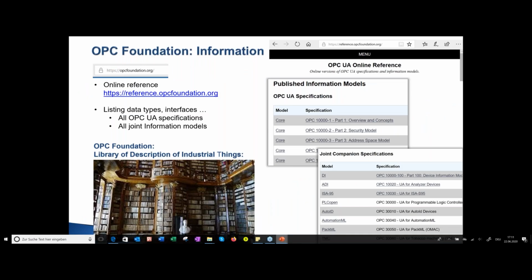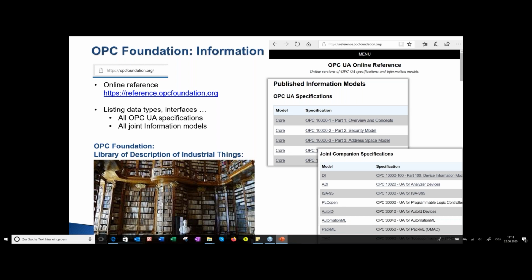The overview of all these companion specifications is something like a description. And the description of a thing is exactly what we need for the Industrial Internet of Things, because we have enough protocols to exchange data, but we need the real standardized description of things.